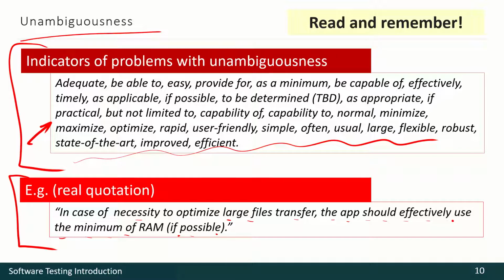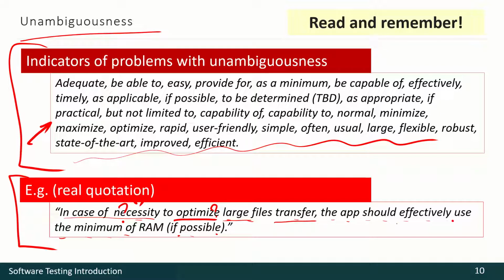There's nothing bad here, but stop. In case of necessity: how can we detect that? Is it a necessity now or not? Optimize how? Based on what criteria? Large file: what's a large file? 1 megabyte, 1 gigabyte, 1 petabyte?